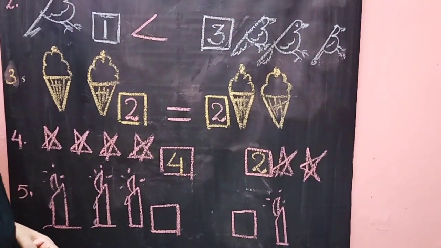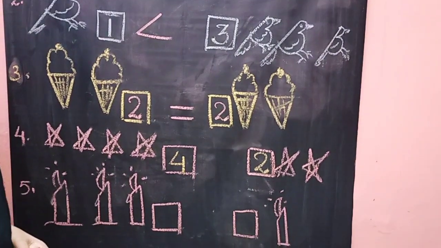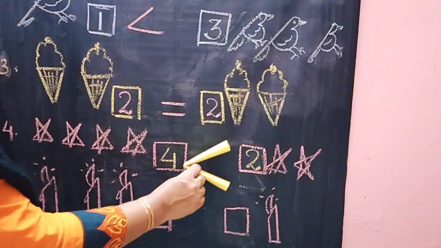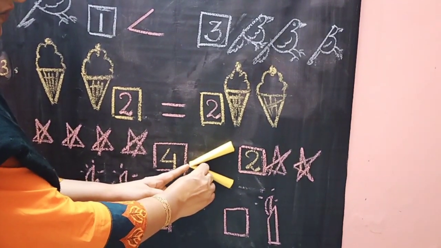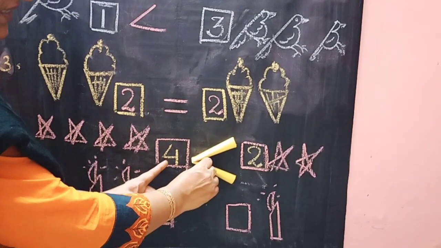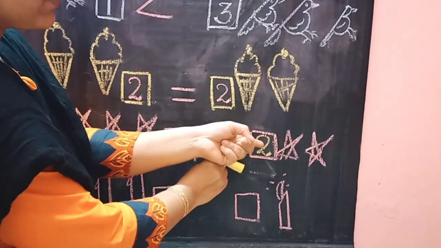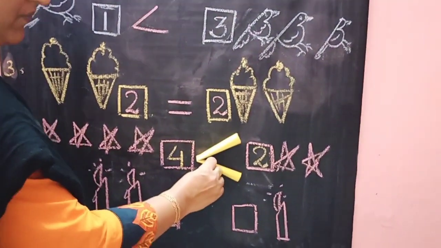Look at this. Is it this one? No, never. Then, is it the less than symbol? No. Why? This is the closed side, and here the smaller number wants to come, but here it is the bigger number. So this is not suitable.